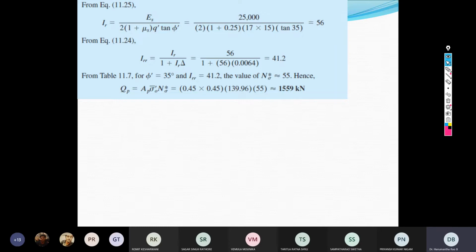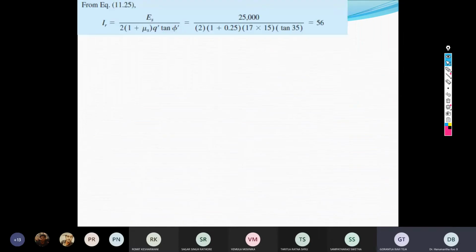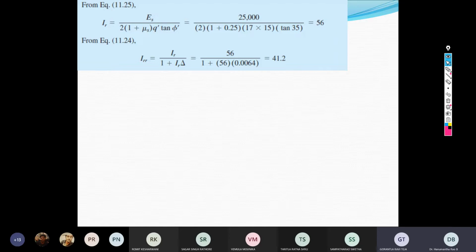Sir, once can you move to the previous slide, sir? This delta value, where will we use, sir? In the IRR equation. Okay, sir.